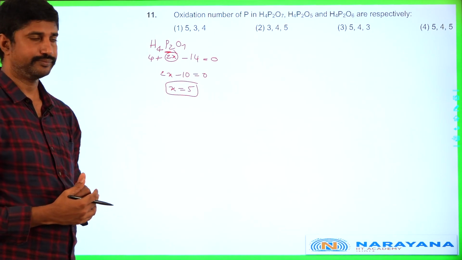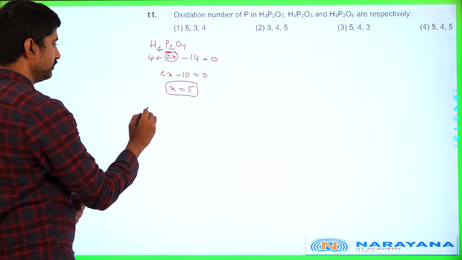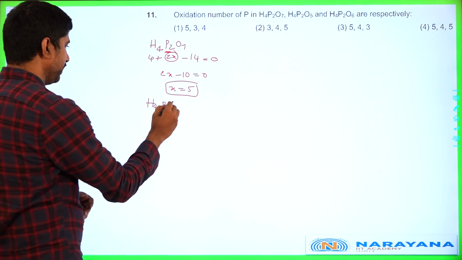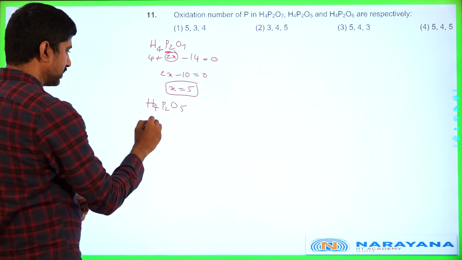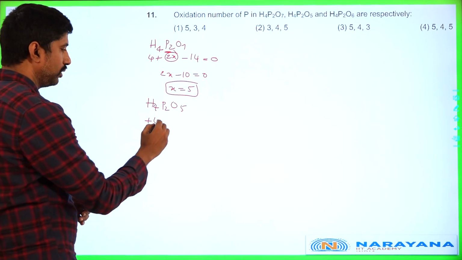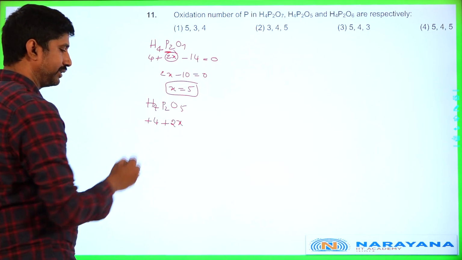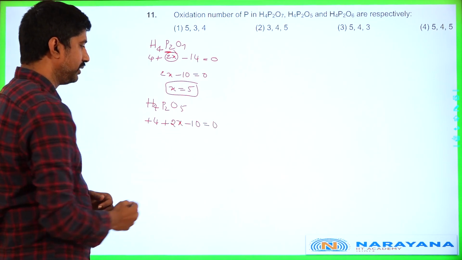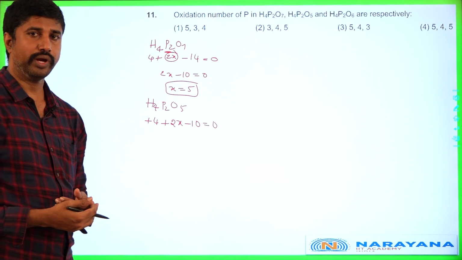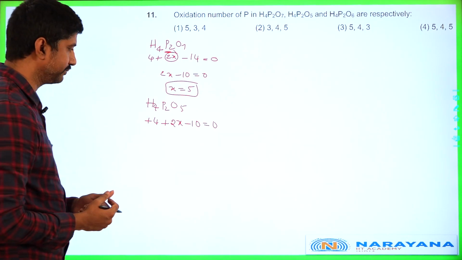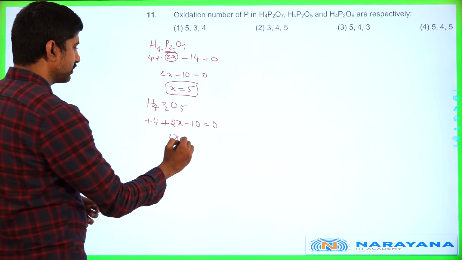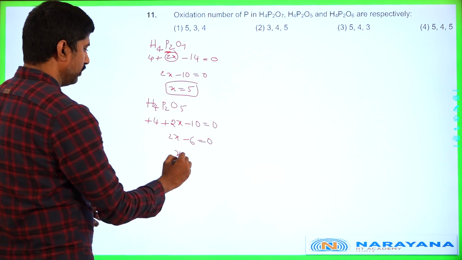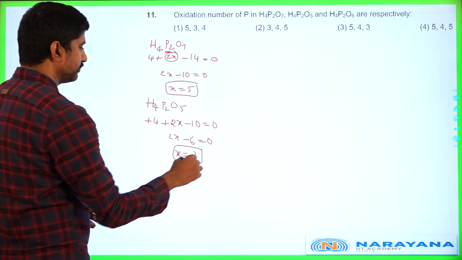Similarly, H4P2O5: plus 4 because of 4 hydrogens, 2 phosphorus we take as 2x, and 5 oxygens we write as minus 10, and the summation should be equal to 0 as it is a neutral molecule again. So 2x minus 6 is equal to 0 and x is equal to 3.